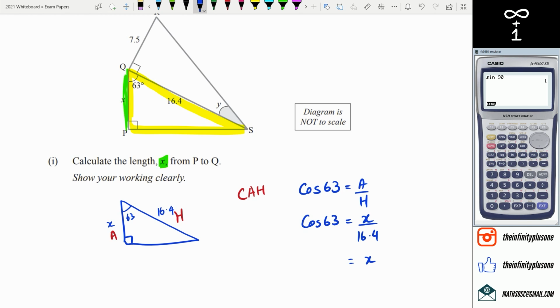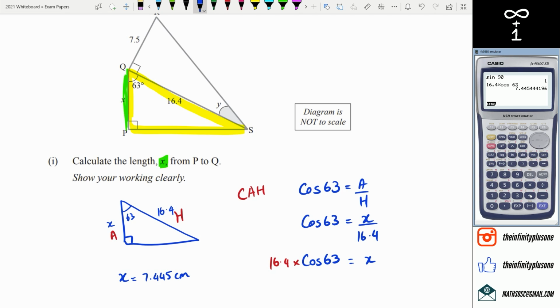Then I cross multiply the 16.4, which gives 16.4 multiplied by cos 63. Chuck that in the calculator, and it gives me 7.445. So I can write down x is equal to 7.445 centimeters.